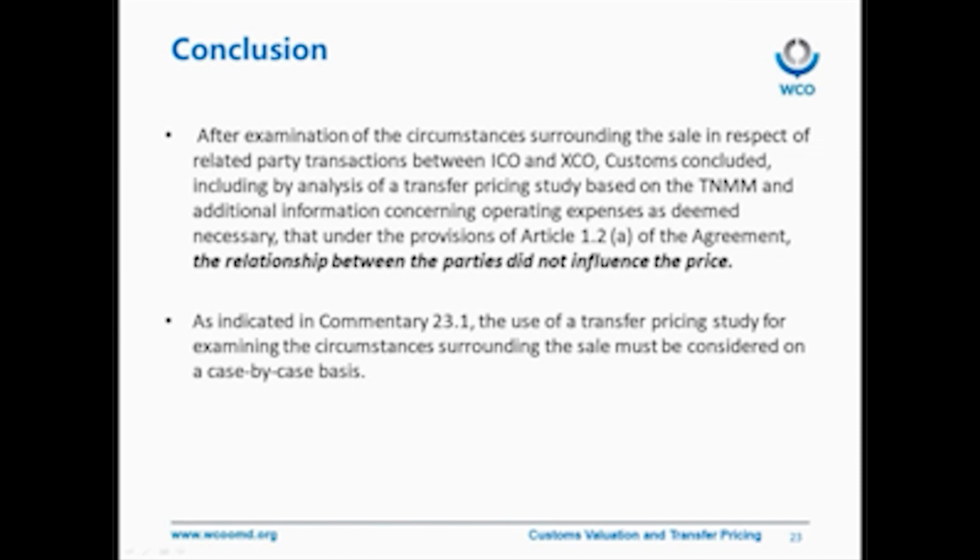Maybe in some other cases, the TP reports are accepted by tax authorities, but for certain reasons, customs could reject it, even if the transfer price is supported by the TP report, which used one of the methods in the OECD guidelines, but customs still have the right to reject it. So this is case study 14.1, just to show the application of commentary 23.1.